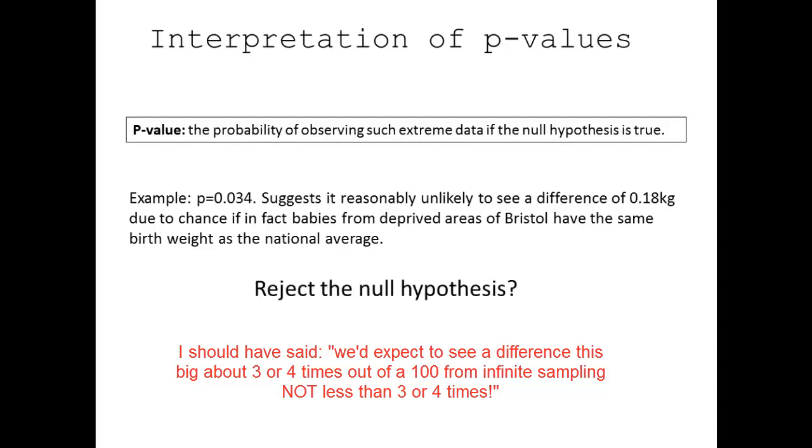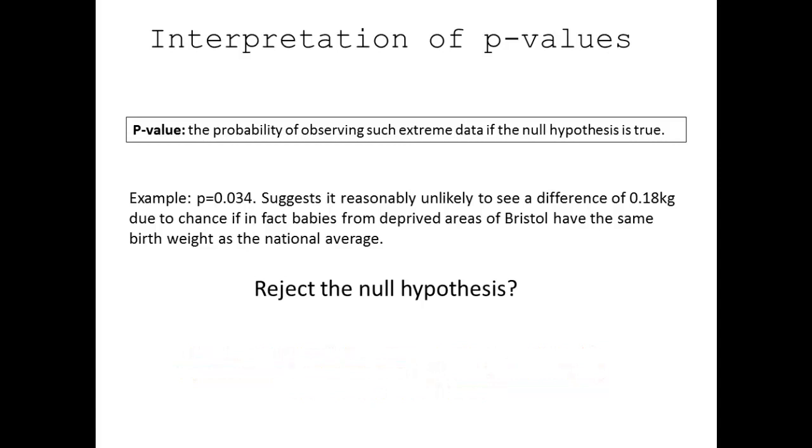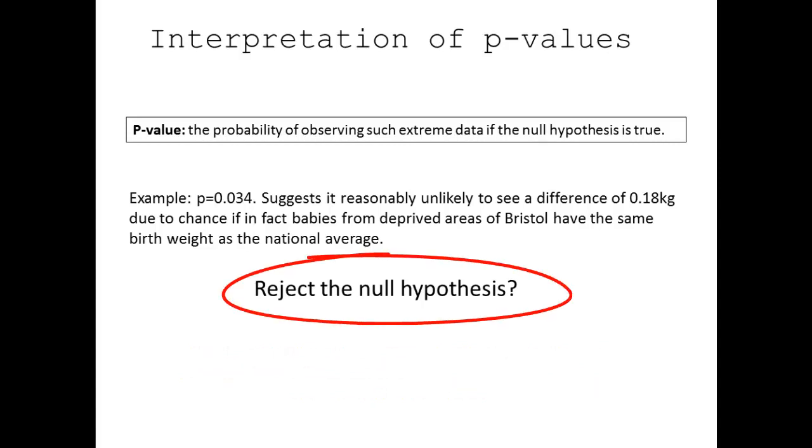So based on this p-value, we might therefore decide to reject the null hypothesis in favour of the alternative hypothesis that there is a difference in birth weight between babies born in deprived areas of Bristol and the national average.